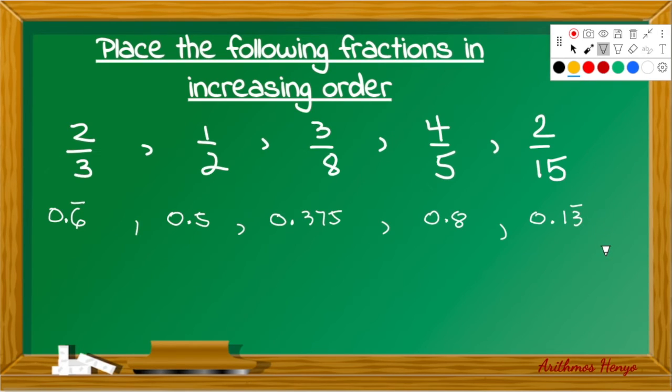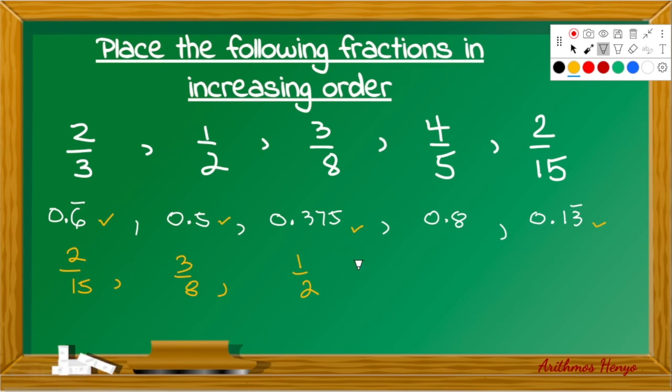Then, let us arrange from least to greatest. So we have 0.13 or 2 over 15. Next is 0.375. That is 3/8. Next is 0.5 or 1/2.